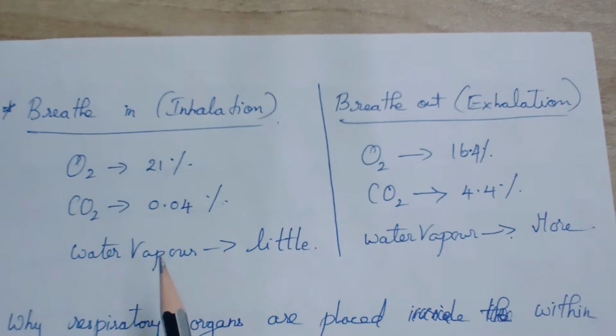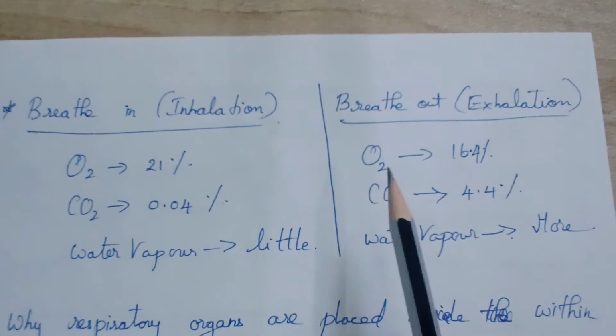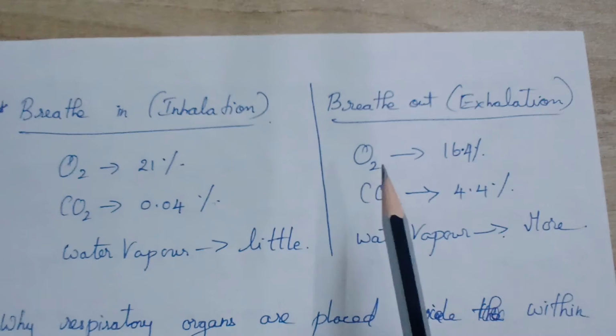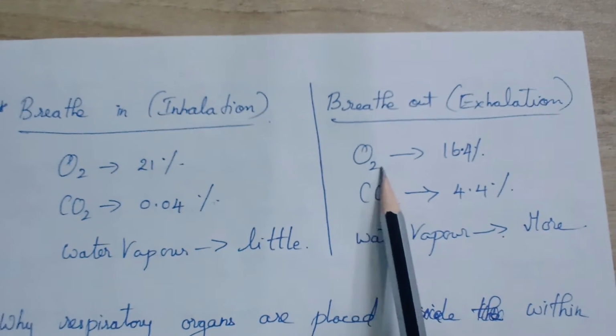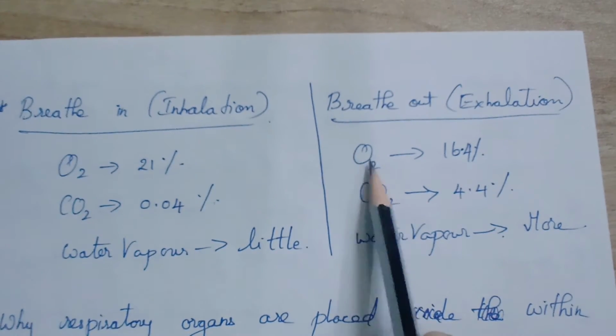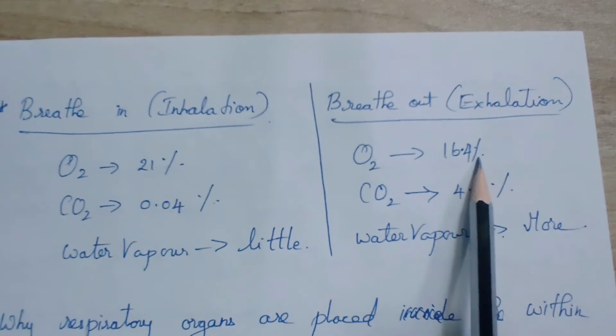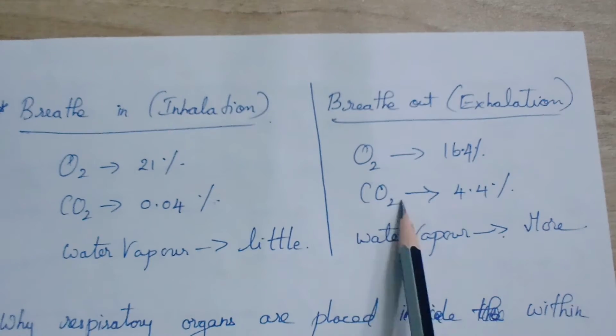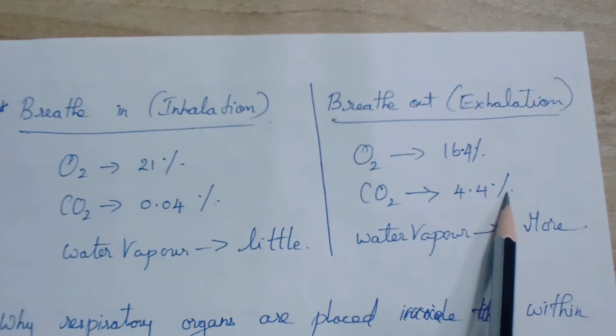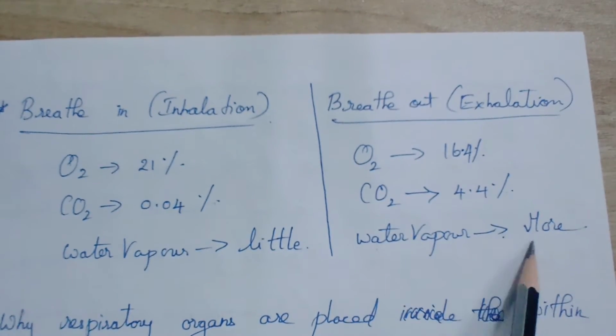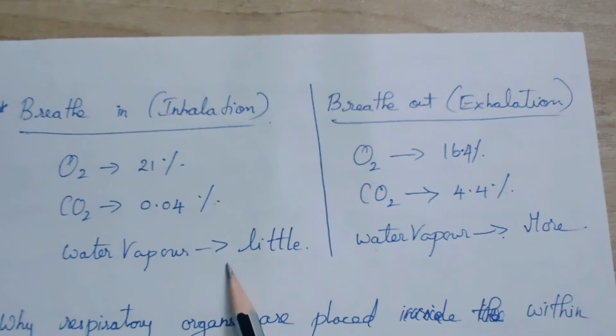When we breathe out, that is during the exhalation, how much percentage of oxygen is released? Oxygen is 16.4%, carbon dioxide is 4.4%, and water vapor is more when compared to the inhalation of the air.